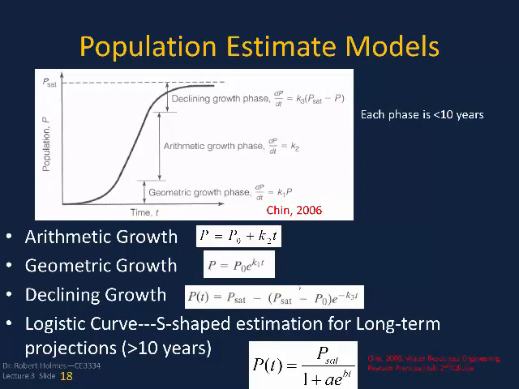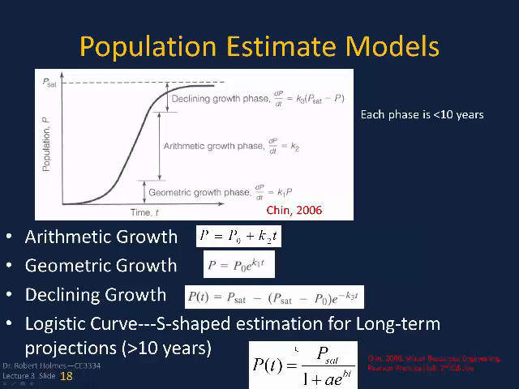As we look at population estimate models, part of this is looking at the way a particular urban area would grow, where you have rapid growth, which follows a geometric or exponential phase, and then you get into a linear arithmetic growth phase, and then a declining growth phase as the urban areas fill out and there's no more land to build on. This S-curve is a traditional way of estimating the population. It's called a logistic curve.